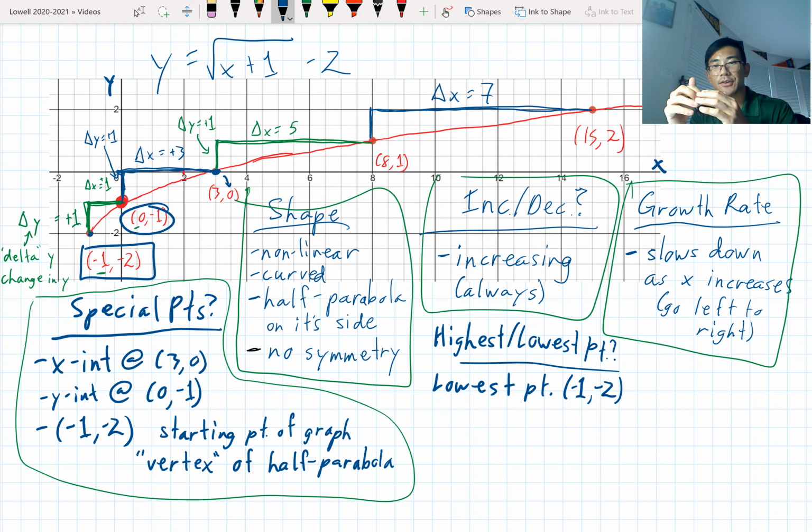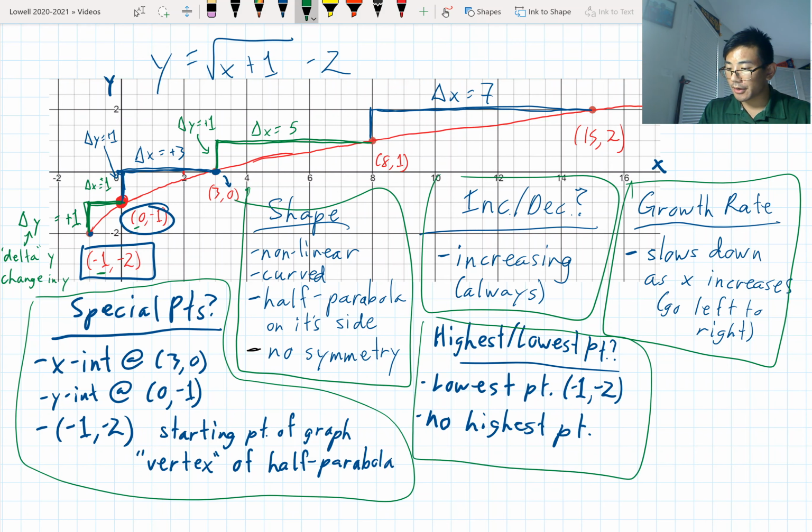And so even though it goes up very slowly towards the end, although there is no end, as you go really far in the x direction, the growth rate is minuscule, but it is still going up. And so there actually is no highest point. Even if you think you're at the top, if you just take one more step that way, you'll be a little bit higher, and then a little bit higher, and a little bit higher. And so there is no highest point.